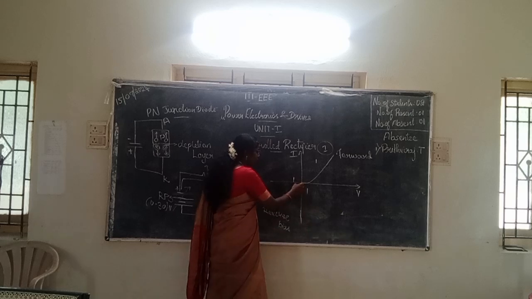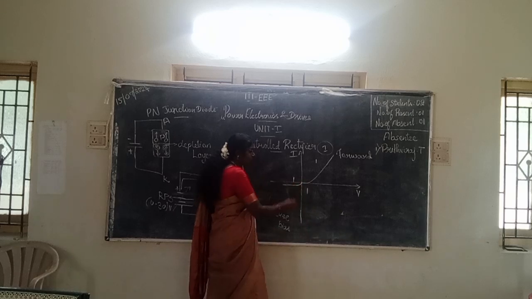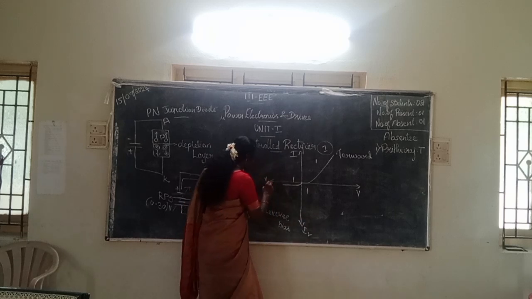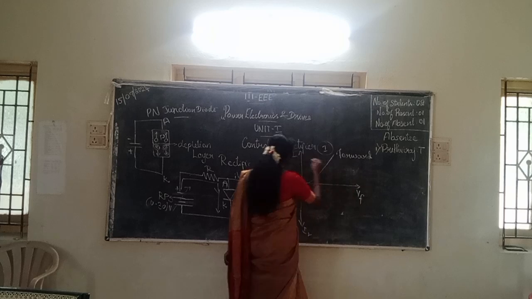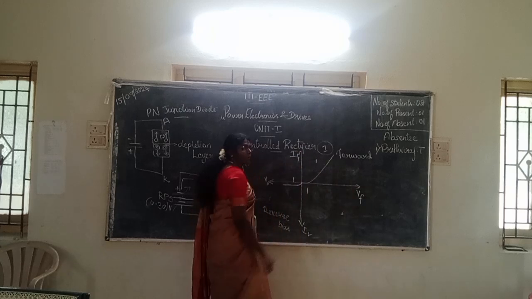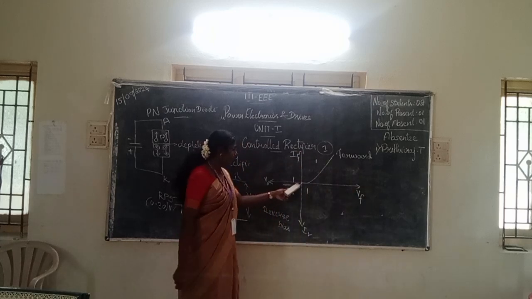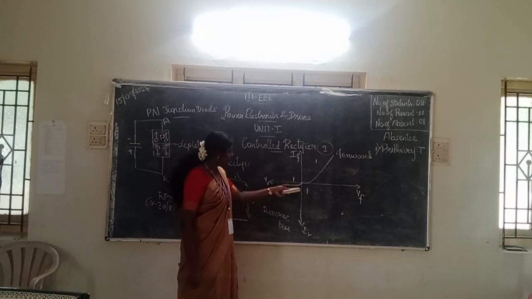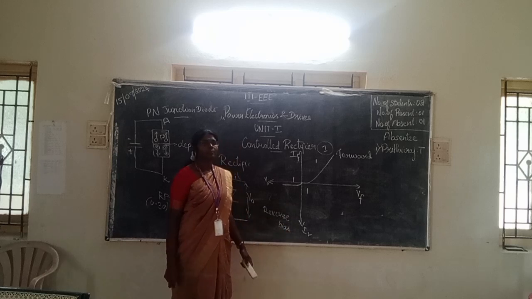After that, during reverse bias, there will be no increase of current. Here this is voltage in reverse bias, this is current in reverse bias, this is voltage in forward bias, and this is current in forward bias. Initially, due to the leakage condition, it will increase for some period. After that, there won't be any increase in current.